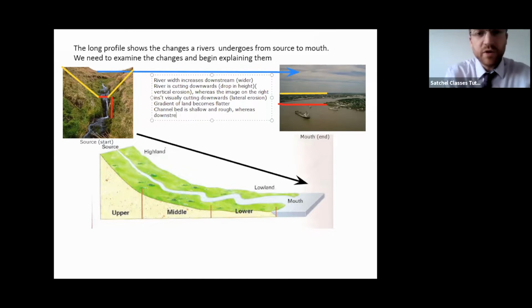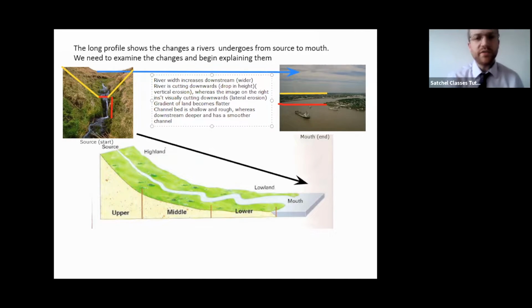Whereas downstream, we can see the image on the right shows that there isn't any white water. You can see a huge amount of water being carried, a large volume of it. So we're making the assumption that it is also deeper and has a smoother channel.